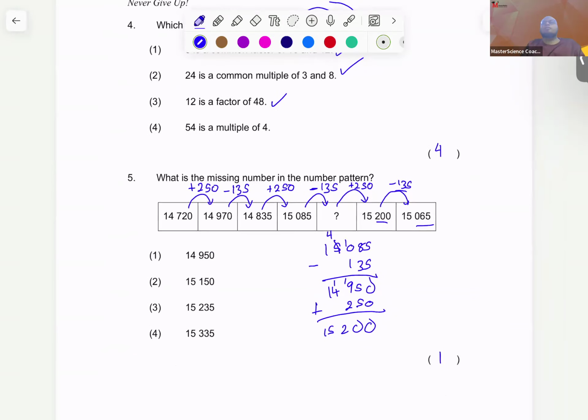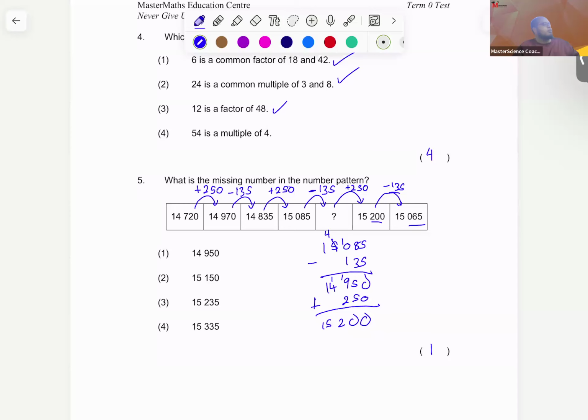Okay. Haran, the MCQ, you got some wrong, did you do the correction? Okay.